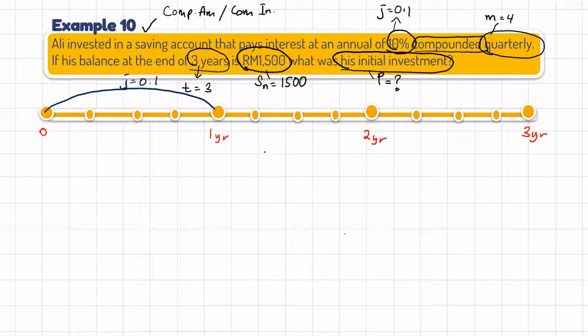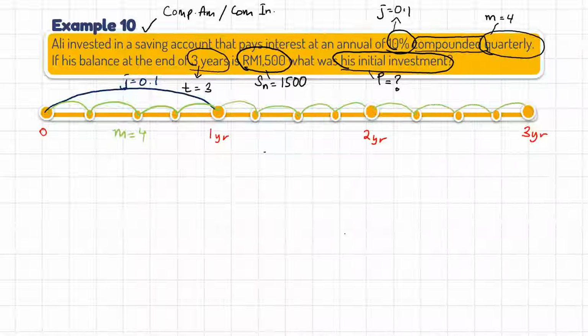The next sentence is about compounded quarterly. Means that the loop that we are going to have is here, which is M equals to 4. So the green loop shows the interest is compounded quarterly, where M equals to 4. And it will continue for the second year, compounded quarterly, up until the third year, compounded quarterly. Okay, this is how our timeline looks like.